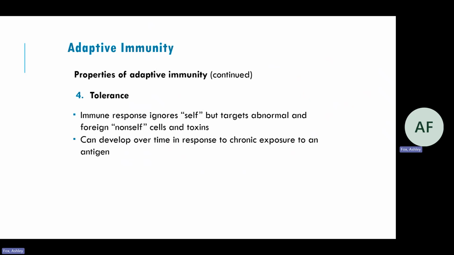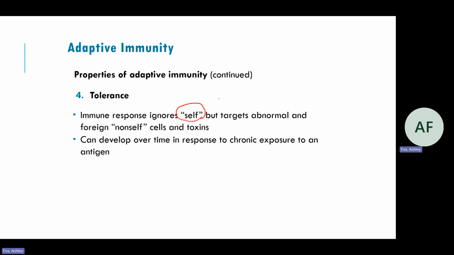Another thing is tolerance. That's just saying that your immune system, as long as it's working normally, is going to recognize your cells as you. If the immune system is supposed to kill cells, which is the majority of what it does, like bacteria cells or cancer cells, then it needs to be able to recognize that your cells are normal.